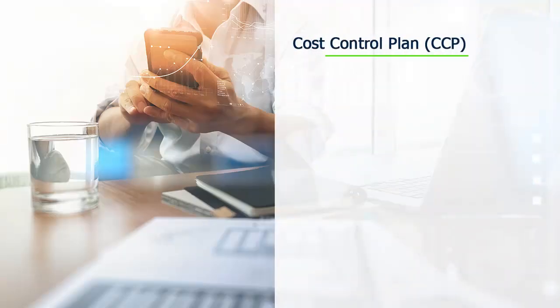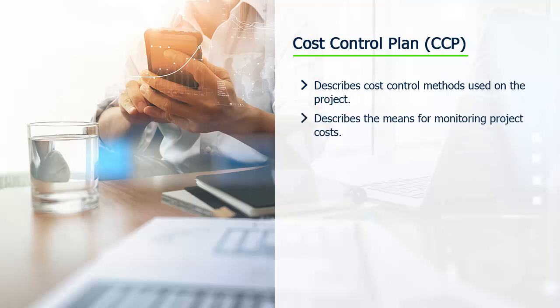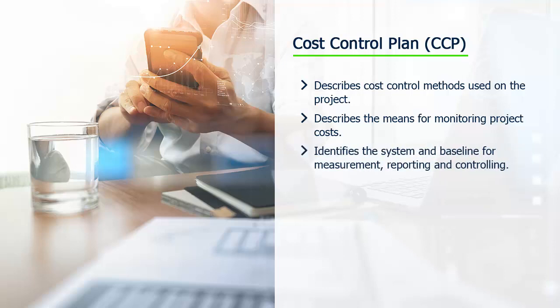The Cost Control Plan, CCP, includes a description of the cost control methods to be used for the work. The CCP describes the specifics of monitoring and controlling costs during the project lifecycle. It consists of the system and baseline to measure the project costs, the reporting, and the controlling mechanisms.